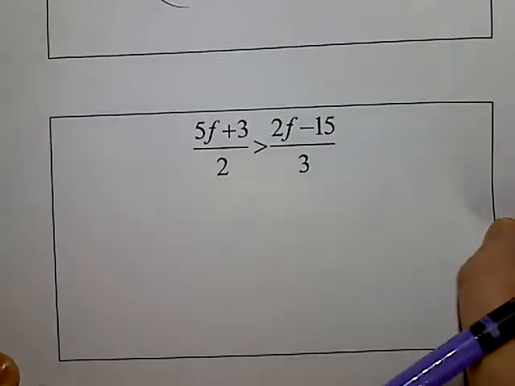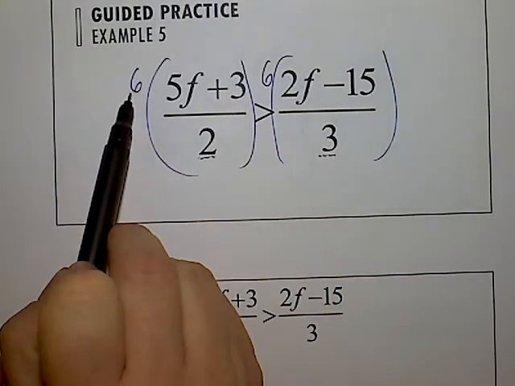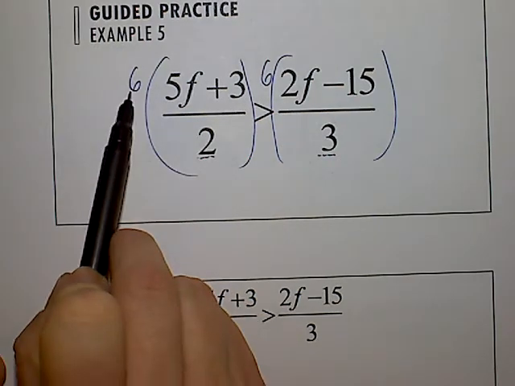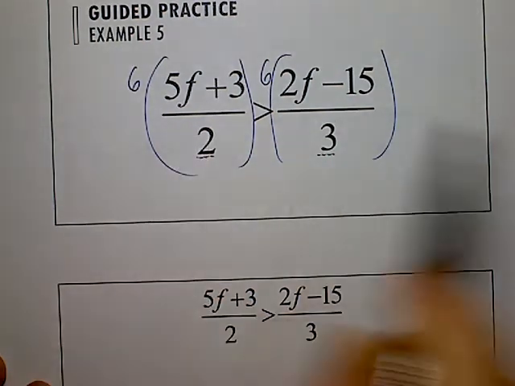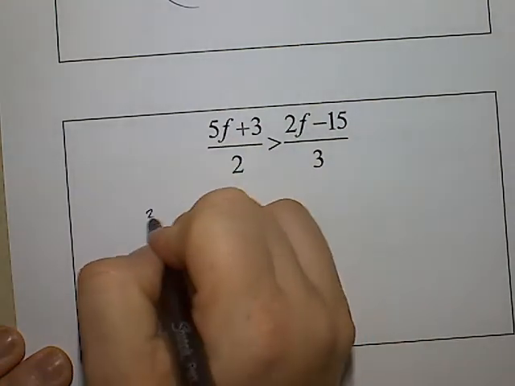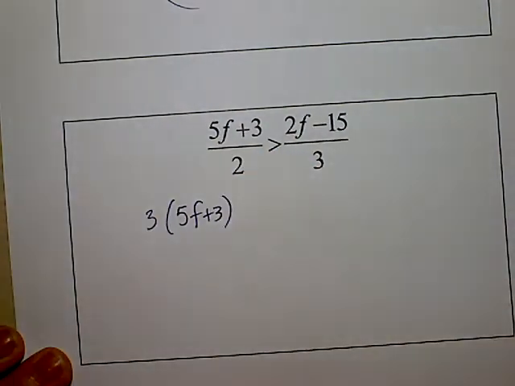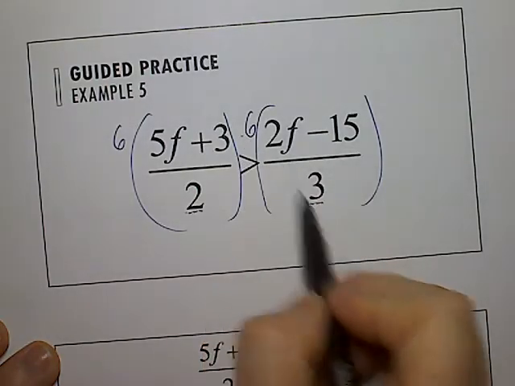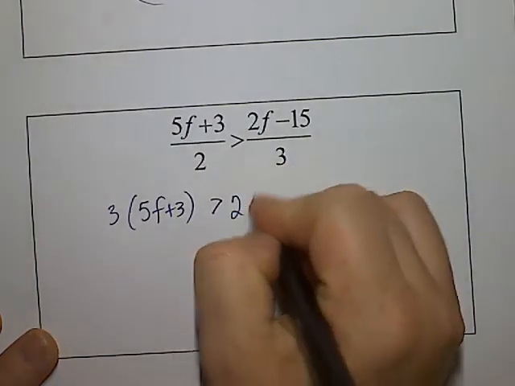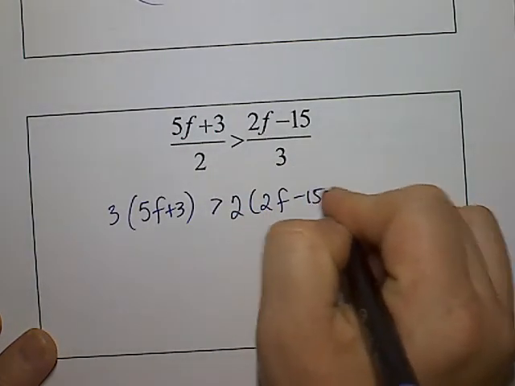Now I'm going to come down here and show my work. 6 divided by 2. Watch again. 6 divided by 2 is 3. And I haven't done anything with the numerator, so I write it down. 6 divided by 3 is 2. Haven't done anything with the numerator, and I write it down.